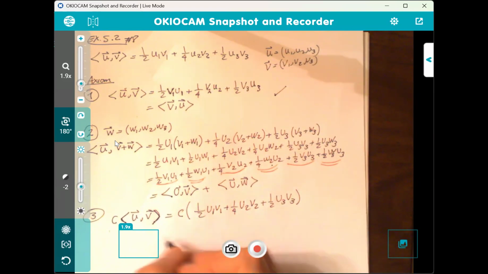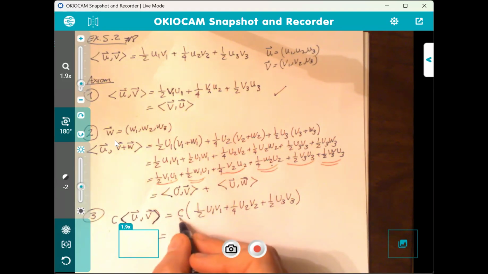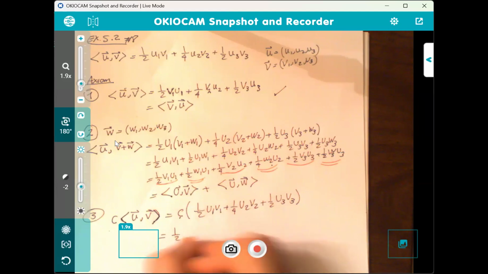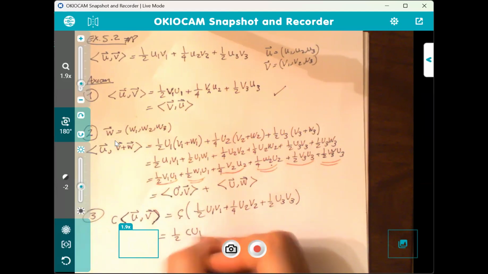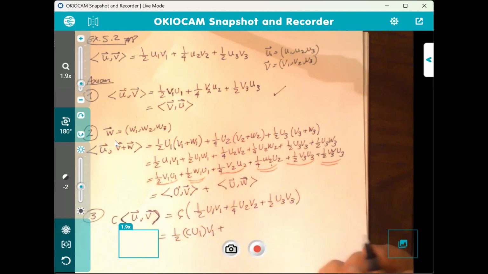We can actually move c, because it's a constant. You can multiply it times 1/2 or multiply it times u1 or times v1. So I'm going to go 1/2 c u1, right, times v1. That's how I want to distribute it.